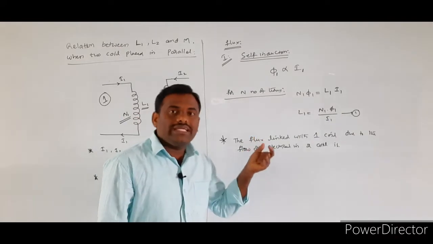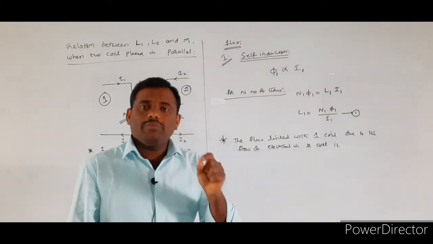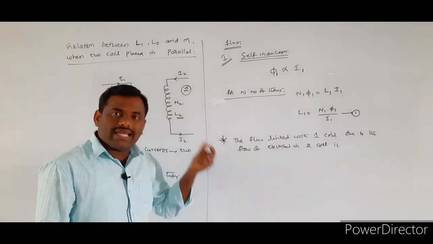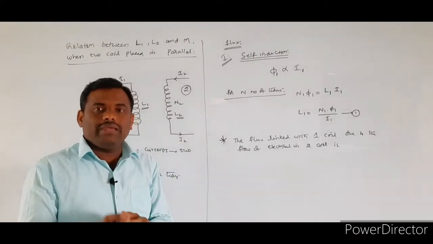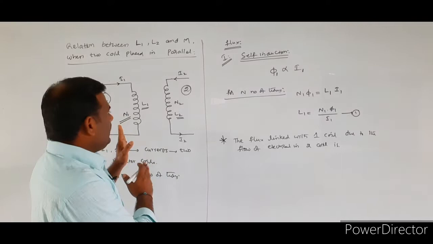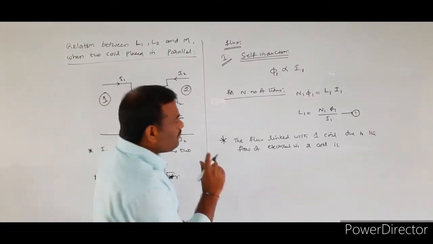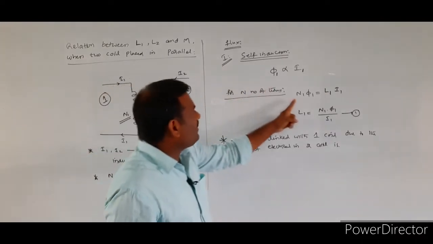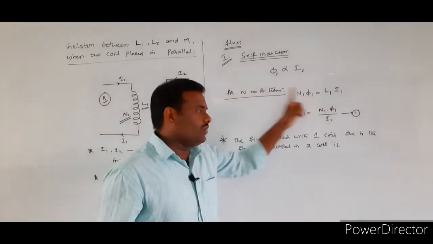We are going to introduce the phenomena of mutual induction. Due to the flow of electrical current in the second coil, some more flux will be linked with the first coil, so the flux linked with the first coil will be denoted by N1 phi12 only.